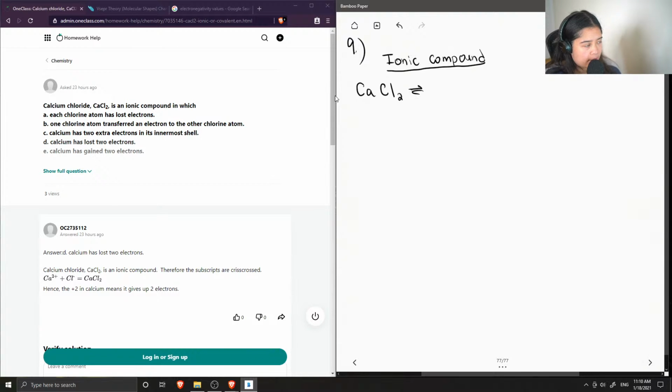So basically, calcium chloride was formed because a calcium 2+ ion reacted with 2 negatively charged chlorine ions.